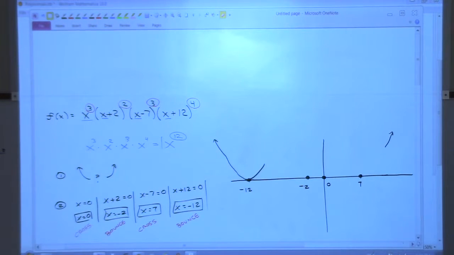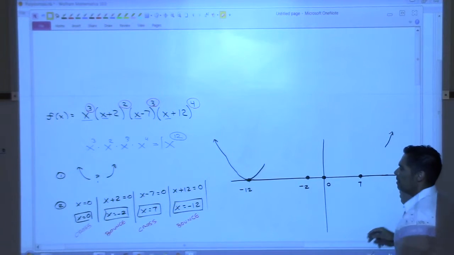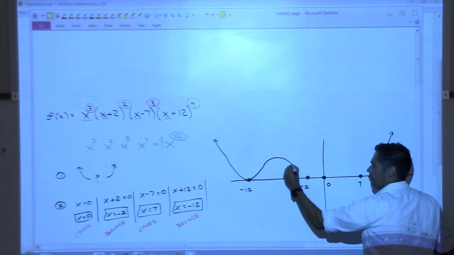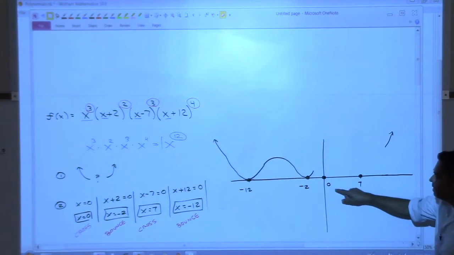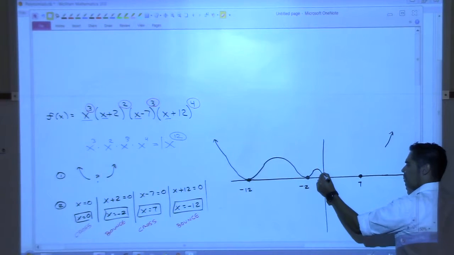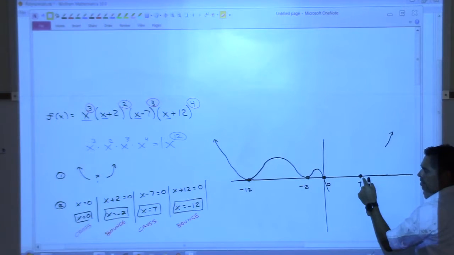Now, what's going to happen when I get to negative 2? I'm going to bounce again, right? So I'm going to have to come up, doesn't matter how far. Come up, come down here. I'm going to bounce off again. And then at 0, I'm supposed to cross. So I'm going to come up and cross through. And then when I get to 7, I'm supposed to cross.